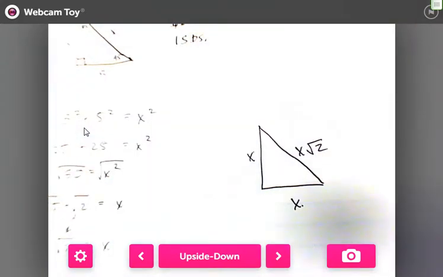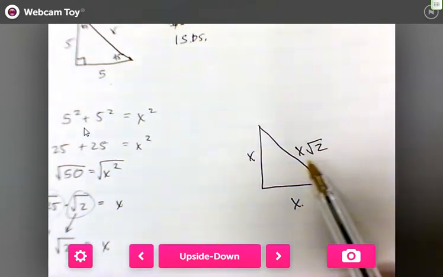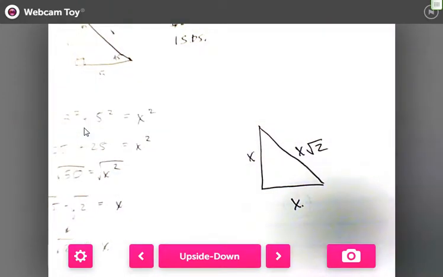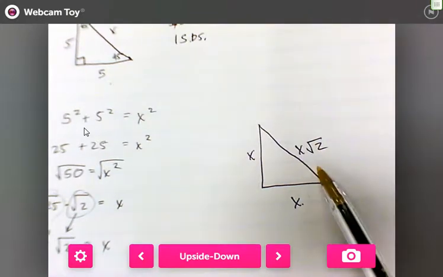It's just like a formula. Whatever number this is, it's going to be this number times root 2 to find the hypotenuse. Or, if we're given the hypotenuse, we divide by root 2 to get the leg.